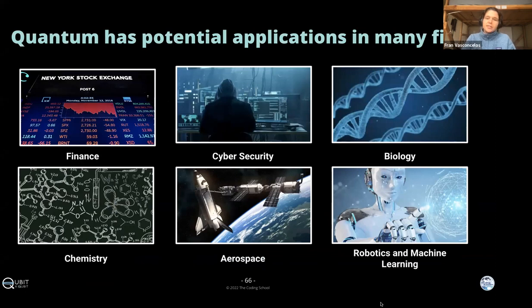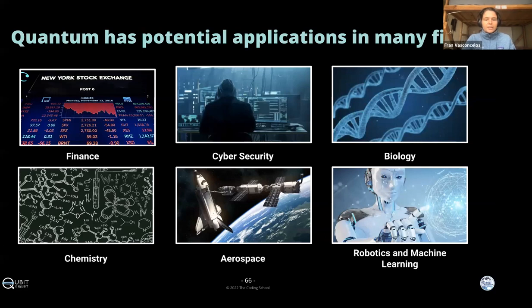Yeah, I guess to continue off of what Amir was saying, quantum computing, in having these benefits over classical computers, we can foresee a lot of applications to a wide variety of fields. Just to name a few fields that people are currently researching, there's been some work in finance.